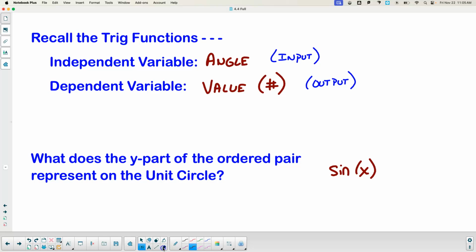We should go sine of t there. Or actually, let's just go sine of theta. And the x part of the ordered pair on the unit circle? That's cosine of theta, right? I believe that is it for this one.